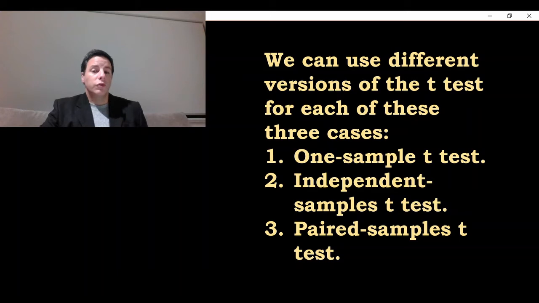The second, which we did see, is the independent samples t-test, and the third one, which corresponds to the current masterclass, is the paired samples t-test. So let's see the characteristics of these tests.